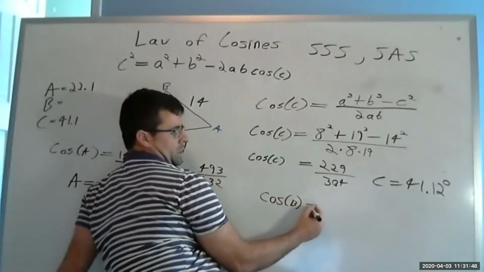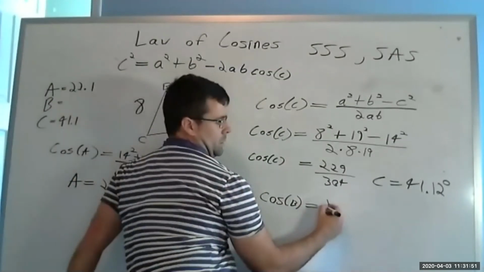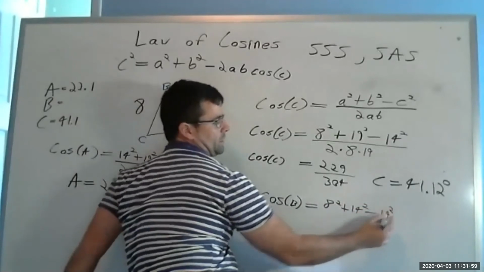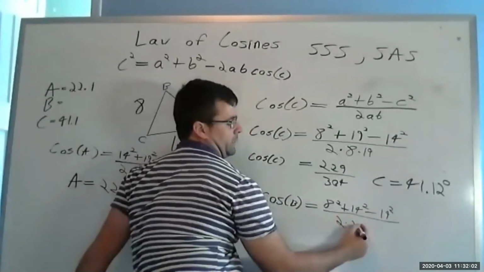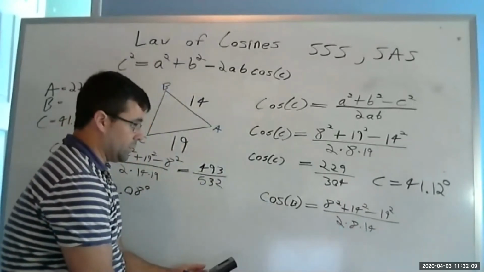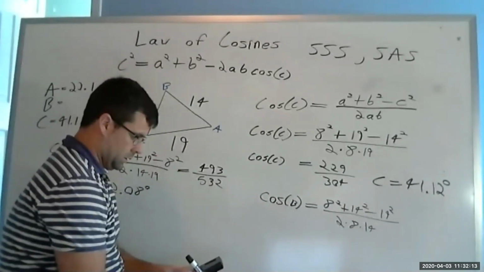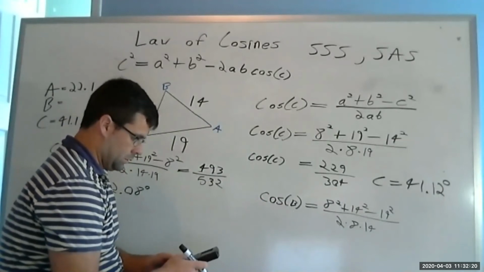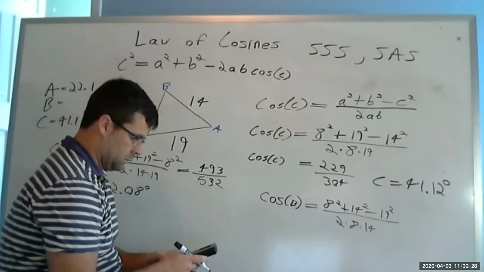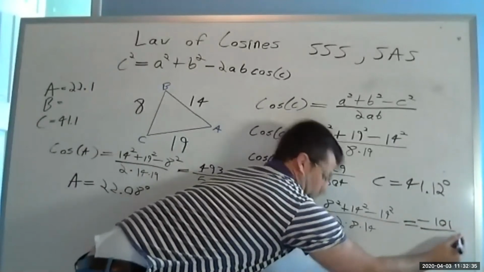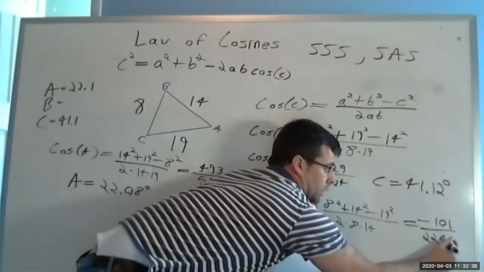Cosine B is 8 squared plus 14 squared minus 19 squared over 2 times 8 times 14, which is negative 101 over 224.